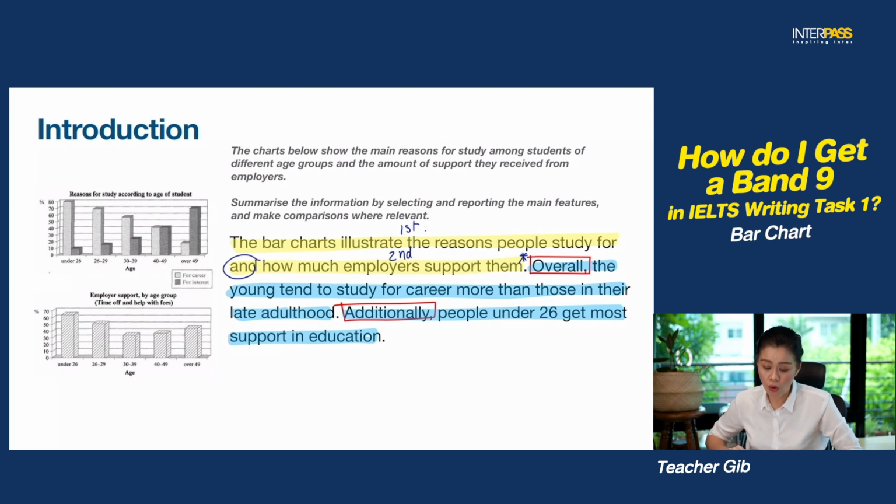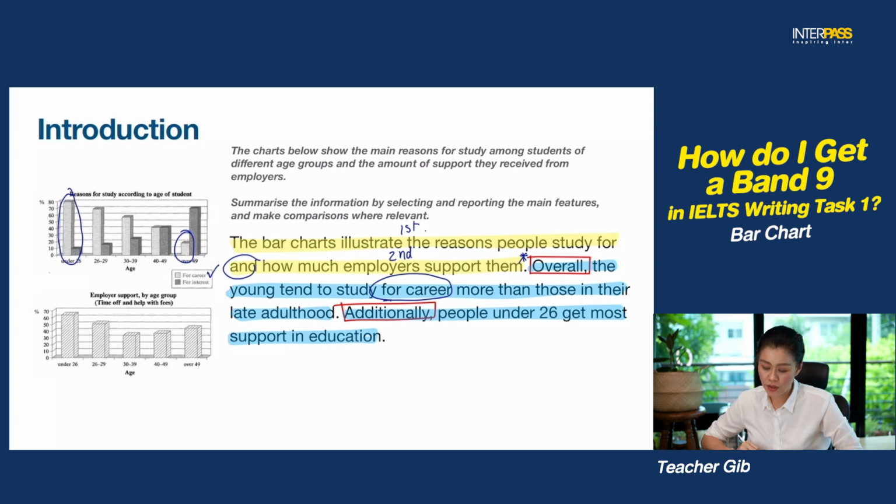So overall, the young tend to study for career more than those in their late adulthood. You will see that here the young study more. You see the graph is higher than this one, which is the light bar.